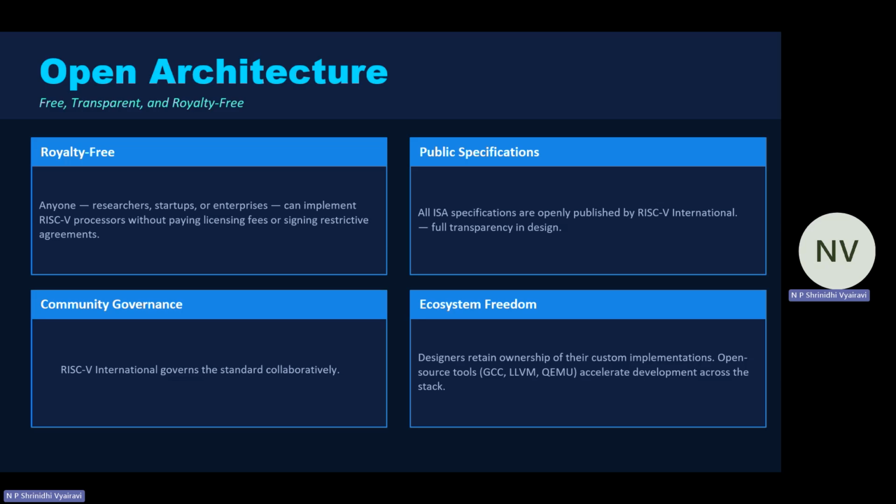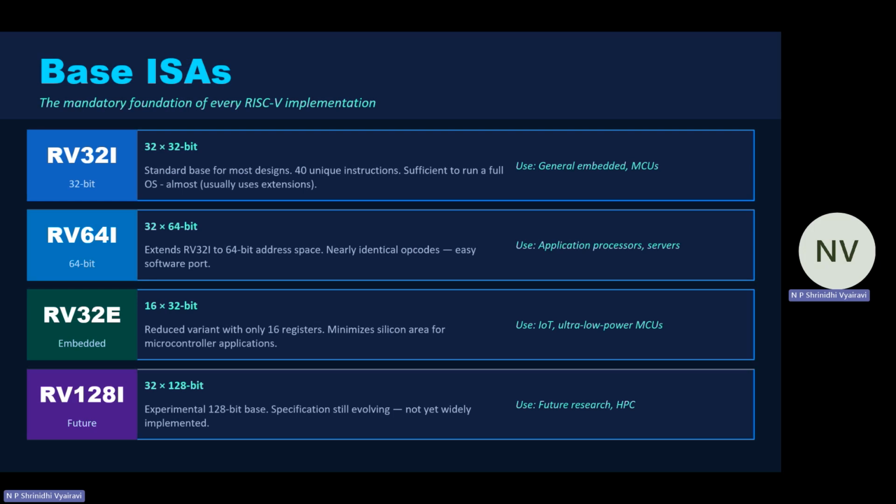It gives you so much more freedom because you only have the base ISA, and depending on the needs and requirements of your project or domain, you add on the instructions you need with extensions. All the specifications, how RISC-V works, every detail of all extensions, the opcodes, etc., are available on the RISC-V International website. So let's move on to the base ISAs.